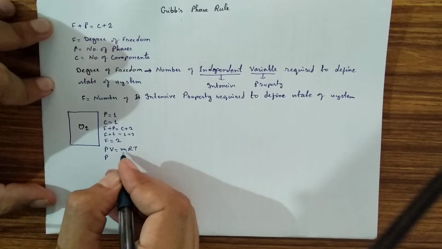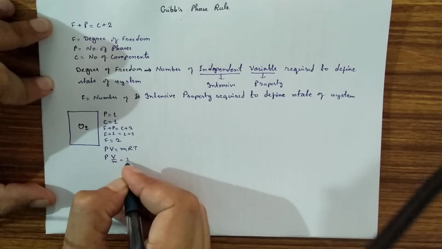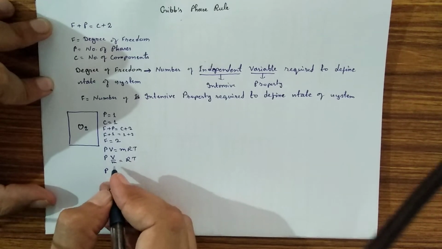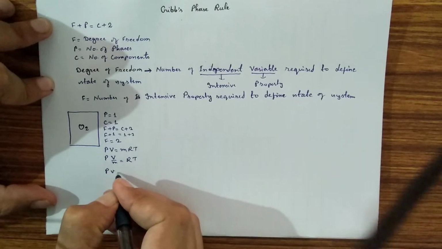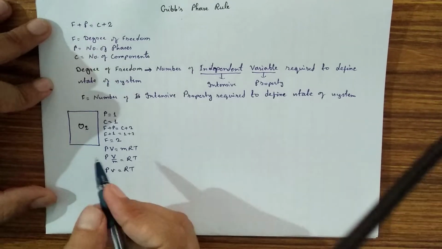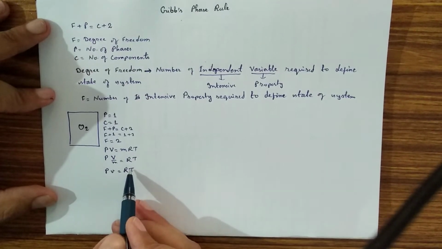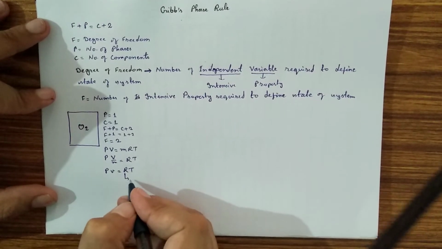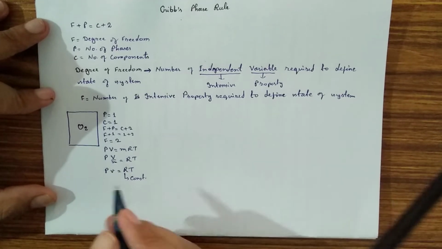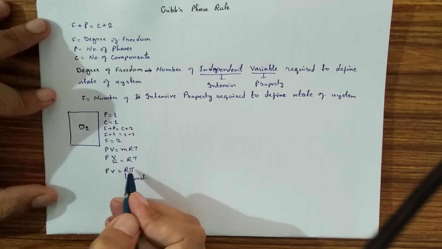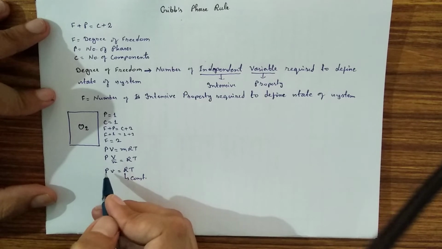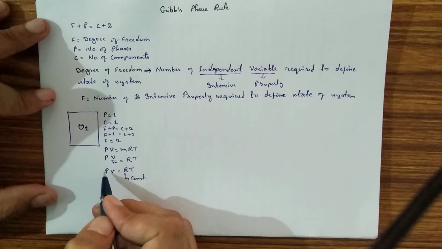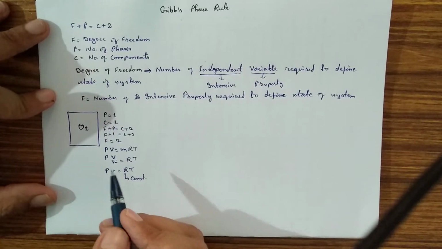If we bring m here, V by m equals RT, volume per unit mass is specific volume, denoted by small v, so Pv equals RT. R is a gas constant, so it is constant here. If we know the temperature and pressure, we will know the specific volume. If we know the specific volume and temperature, we will know the pressure. So this is having 2 degrees of freedom.